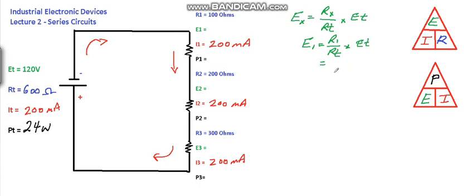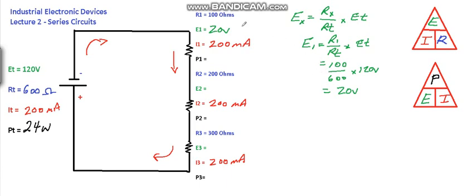So resistor 1 is 100 ohms, divided by the total resistance of 600 ohms, times my total voltage of 120 volts, gives me 20 volts. So I'll write that in there, 20 volts. Now, is that right?